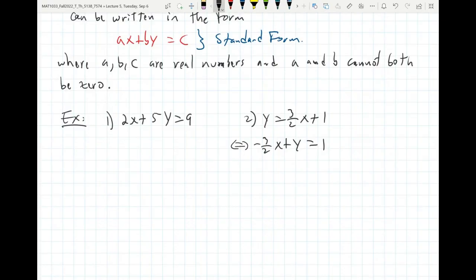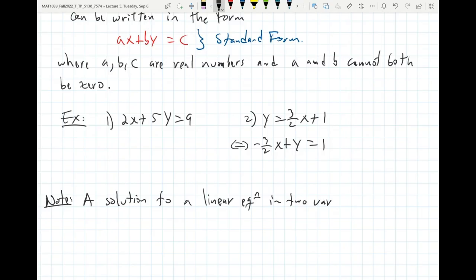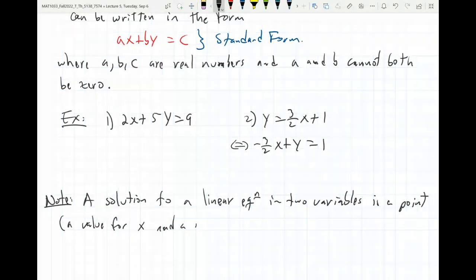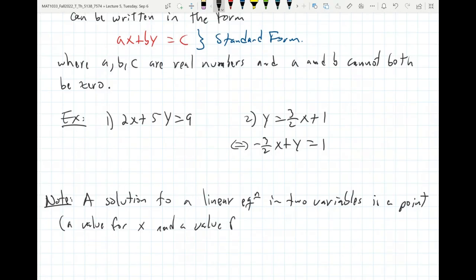So note the solution to a linear equation in two variables is now a point, okay? It's a point. So the value for x and the value for y, that's all a point is.